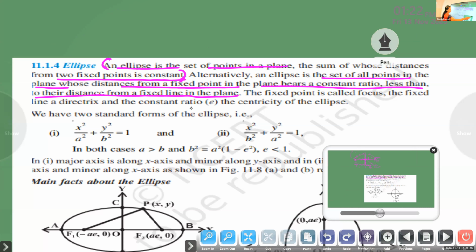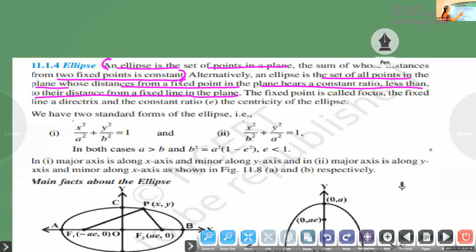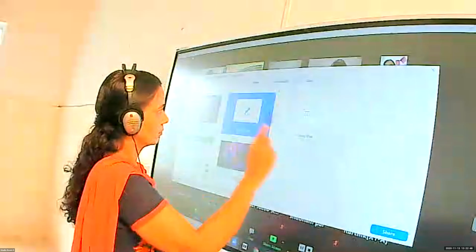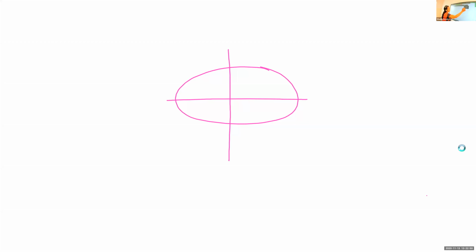Before studying this, once again, let's draw this one. Suppose you have two fixed points F1, F2.